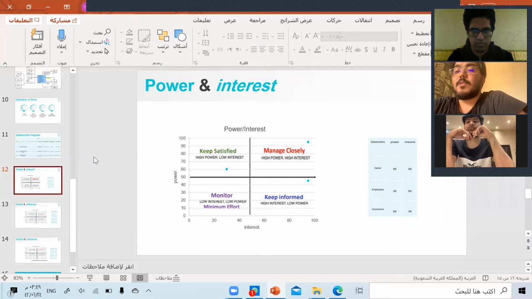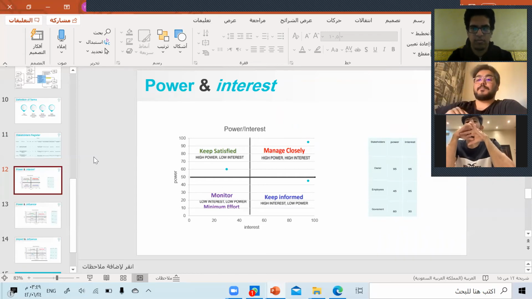The third one is keep informed. And the last one is monitor, minimum effort. So we have the owner, who has 95 in power and 95 in interest, so he will be in the first quarter, manage closely. Manage closely means keep them informed of everything, of any updates that happen in your project, because they have the highest power and the highest interest.